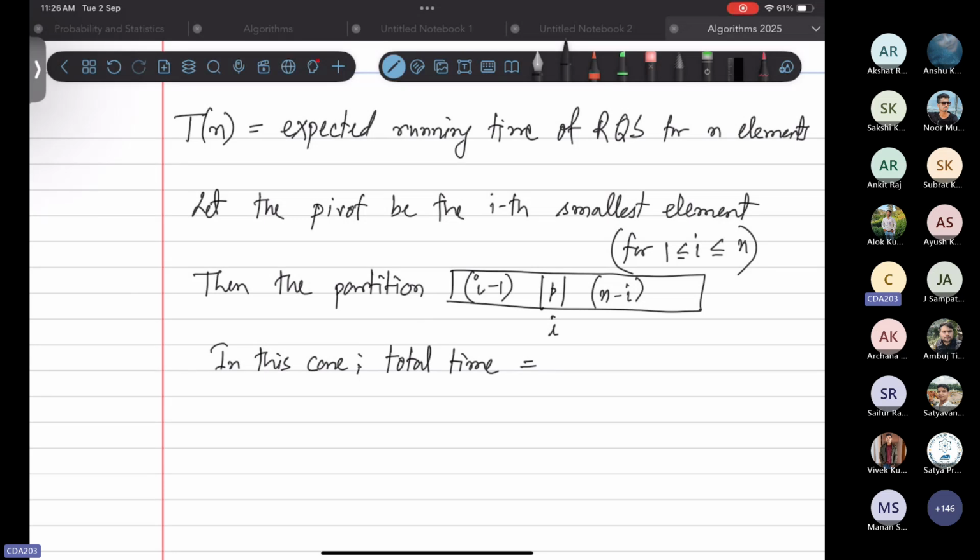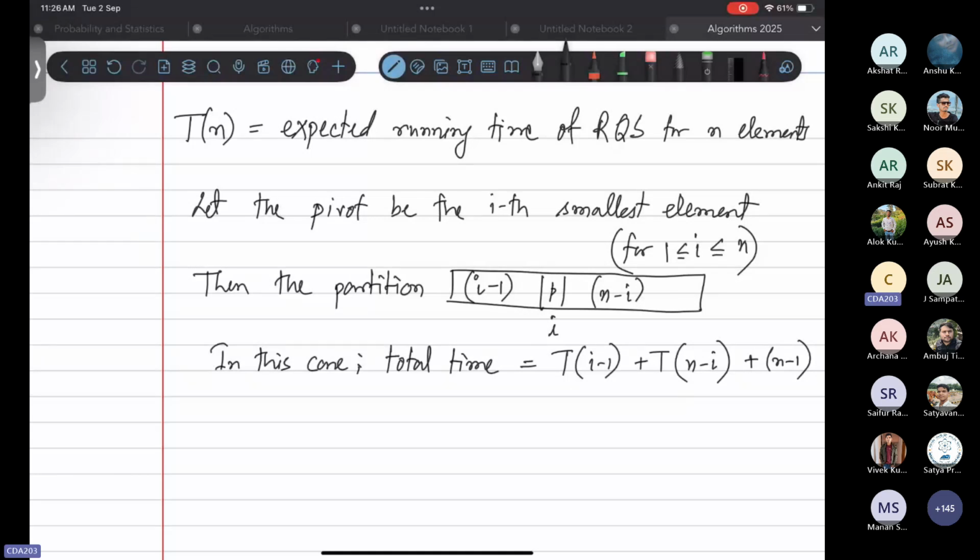What would be the expected running time to apply randomized quicksort in this part? That is T of I minus 1. And for the right part also, I'll be having T of n minus I. And how much time am I going to take for the partition to be done? It's n minus 1 operations.